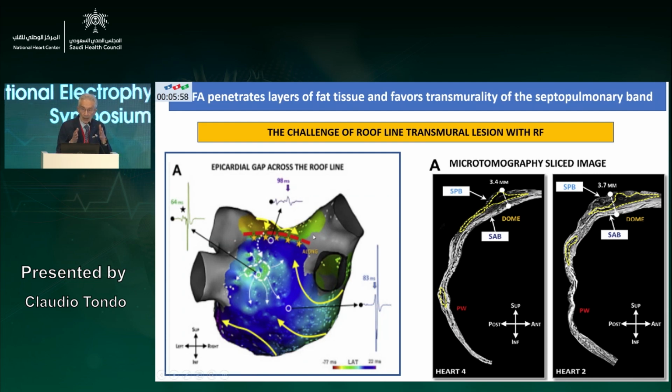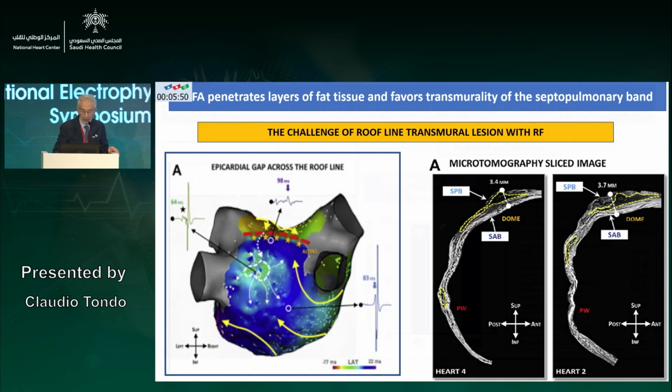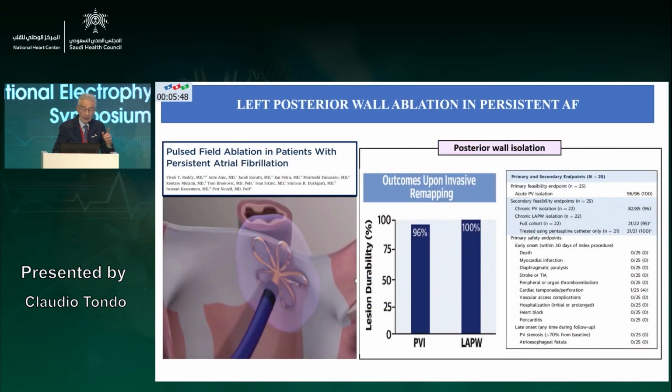You can penetrate the deeper layer, which RF cannot. This is really important if you consider using PFA in the future, even for the epicardial portion of the myocardium, and even for ventricular myocardium.